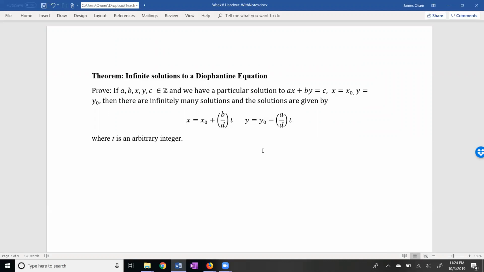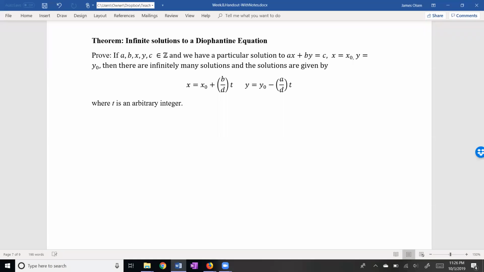Okay, let's prove this. We're going to find this proof to be quite straightforward. We do have to pay attention to our notation. From our given, we know that ax naught plus b y naught equals c. x naught, y naught was a solution.